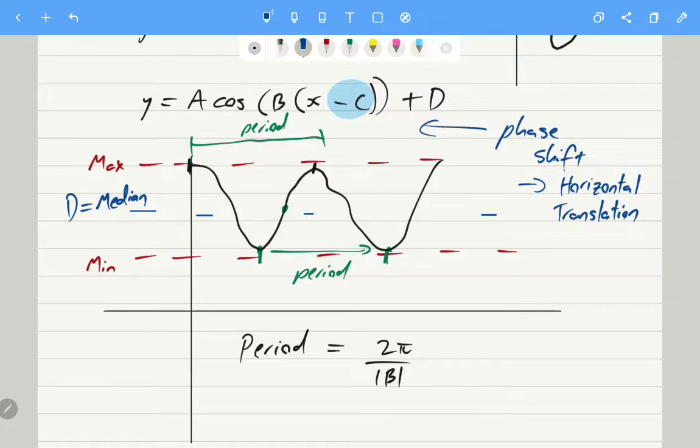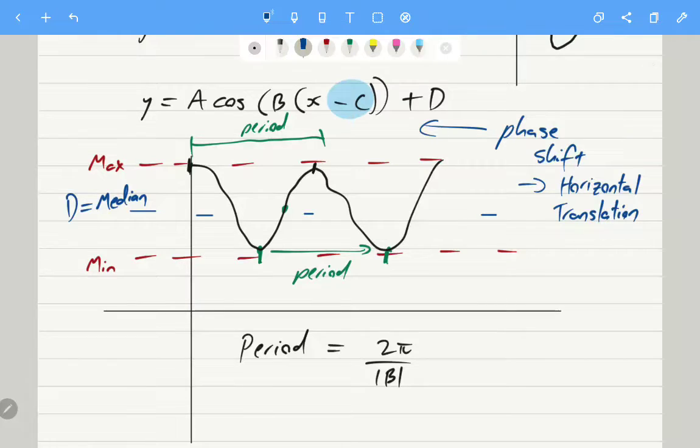And however many units you shift it by, that's how far it moves. So if you want to shift it 16 units to the right, you would make C equal to 16. If you wanted to shift it 3 units to the left, you would put minus 3 as your C value. Alrighty, so that is the cos function. It's also the sine function.